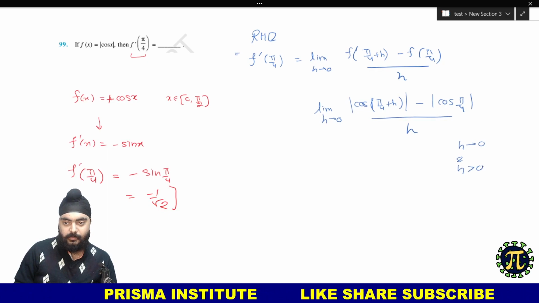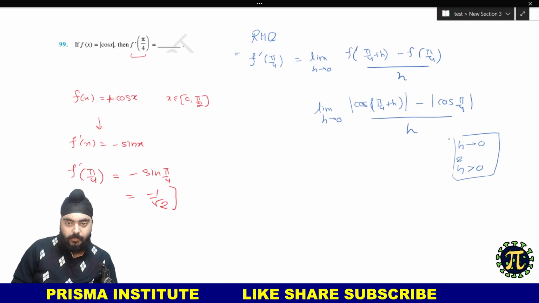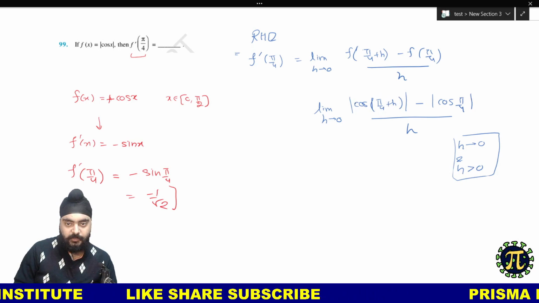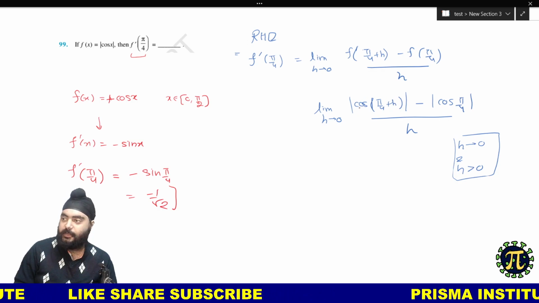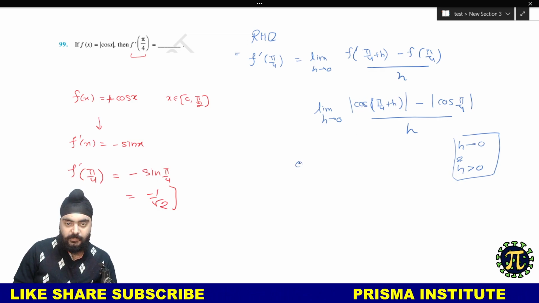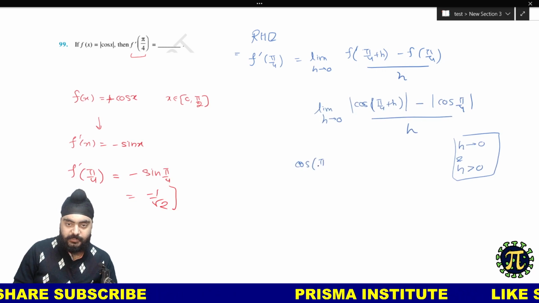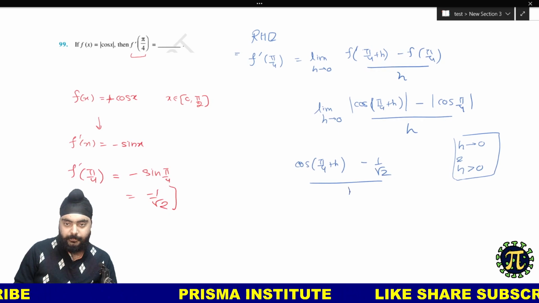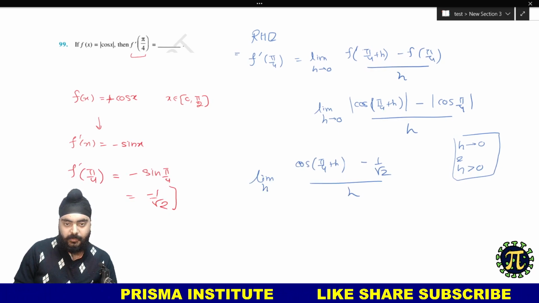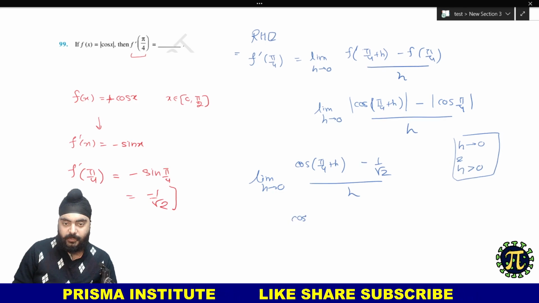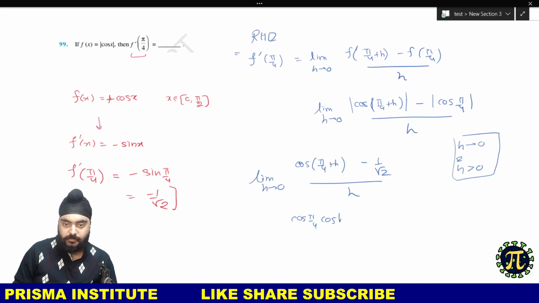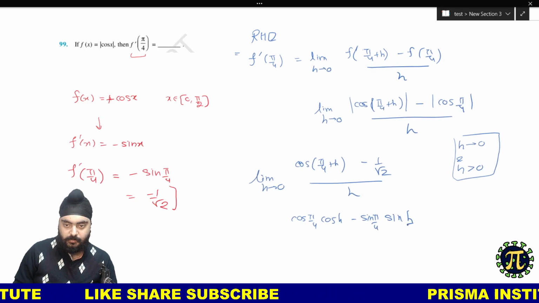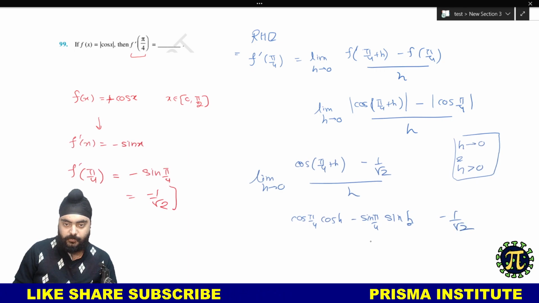this is very close to pi by 4. So this is positive. I know this result is positive, so I don't have to take the negative of this. I can say this is cos pi by 4 plus h because this is positive, and this is also positive, which is 1 by root 2. And you can open this up and check: cos pi by 4 cos h minus sin pi by 4 sin h, minus 1 by root 2, divided by h.